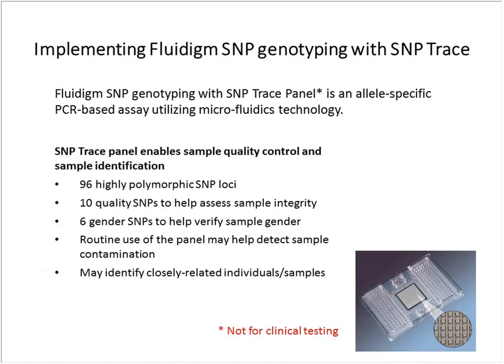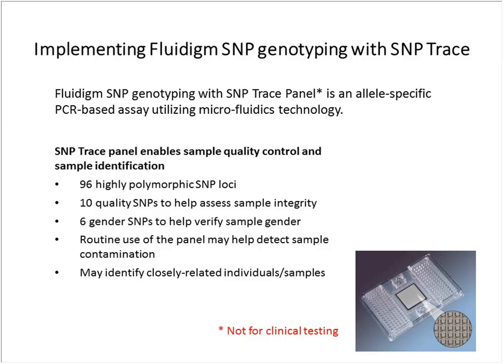So this panel consists of 96 highly polymorphic SNP loci, including 10 quality SNPs to assess sample quality, and 6 gender SNPs, 3 on the X chromosome, 3 on the Y chromosome, to verify sample gender.